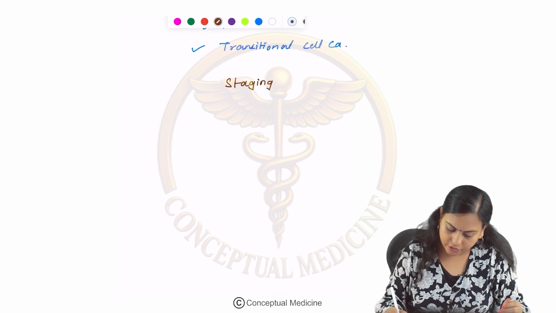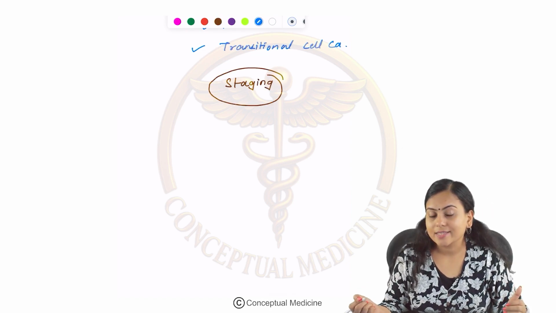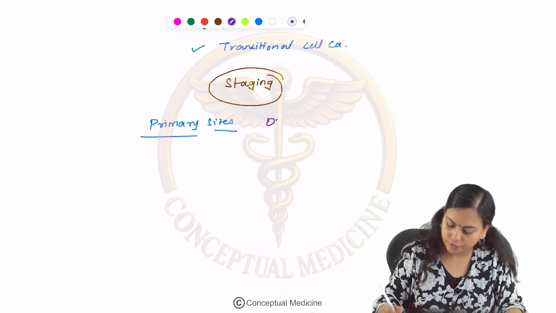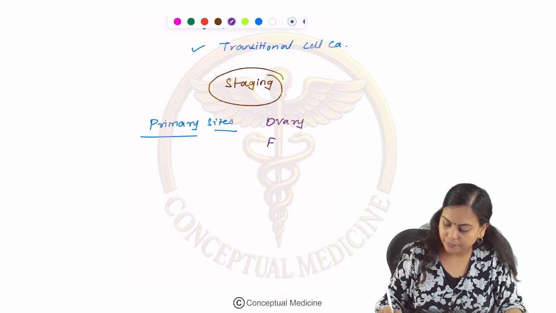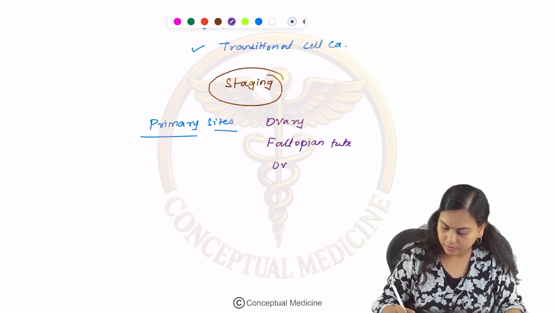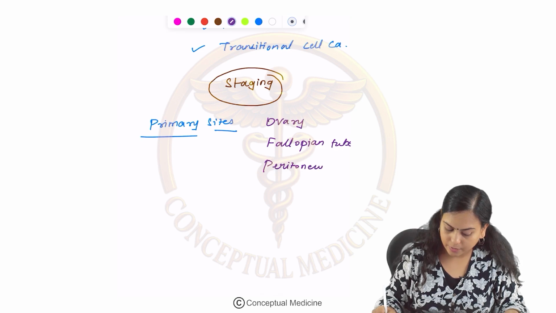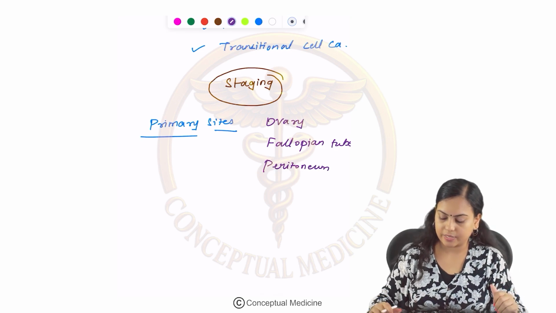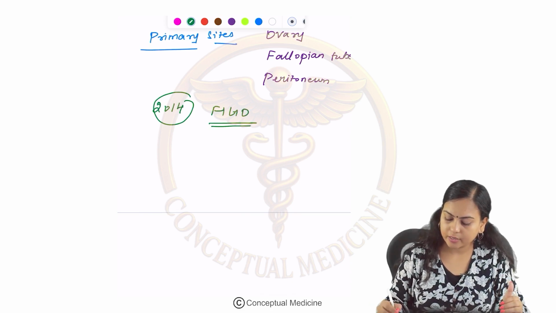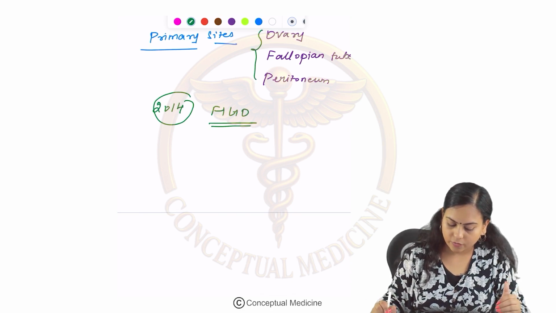When we speak about the staging, the primary sites considered in this staging are three places. Okay, so one is your ovary, the other one is your fallopian tube, and another one is your peritoneum. Okay, so these are the three primary sites that are considered in this classification. So in 2014, the FIGO staging, they incorporated all these three things under ovarian cancer.